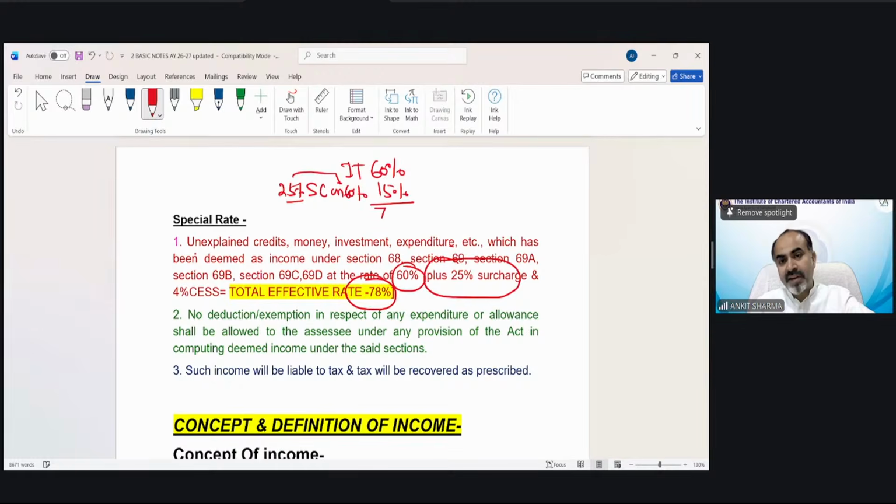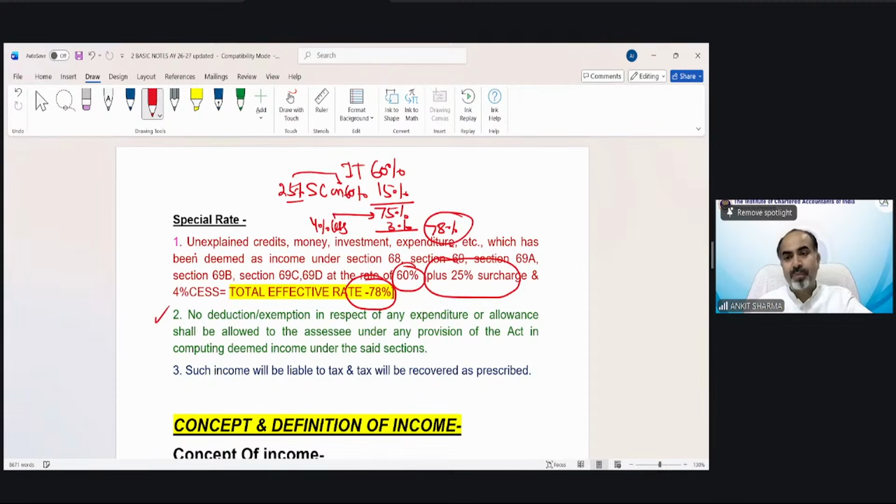So total is 75%. On this, 4% cess is applicable. 4% of 75% would be 3%. So the total rate of 78% needs to be paid on this black money. And this is only tax. Penalty and interest will depend on a case to case basis.